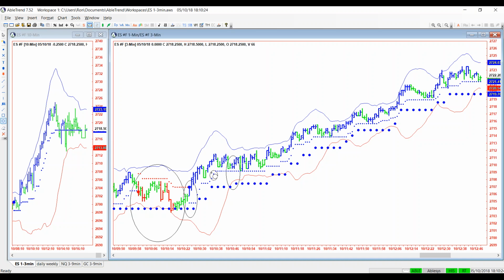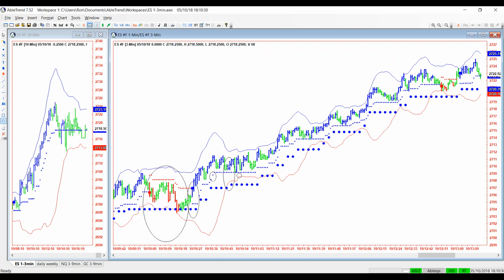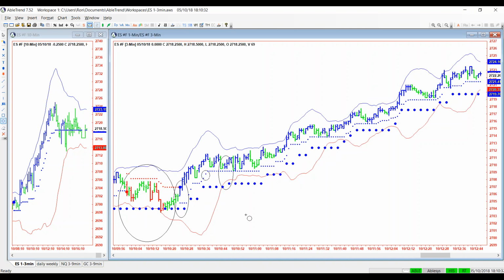But you just can't get any lower than 1 point. That's as good as it gets. Even if it's 3 points, we're okay with that, or at least that's the guidelines we go by. And you can go by any guidelines you like. That has nothing to do with the software. Those are just some extra guidelines we use to keep our risk down and keep our losses small, because we know there's going to be some losses.